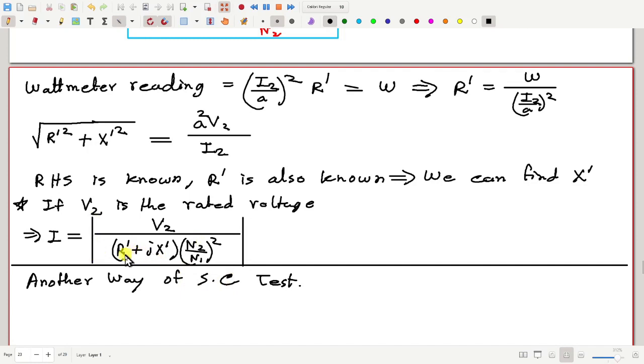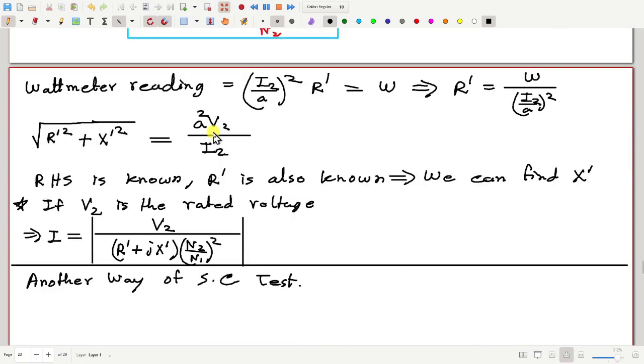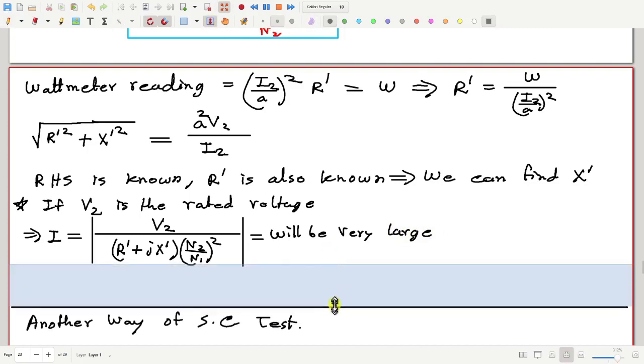Now here, if V2 is the rated voltage, the denominator R prime and X prime is a small quantity. For a good transformer, I told you that these impedances R prime and X prime should be small. Therefore this current will be very large, and this will exceed the rated current and it will cause mishaps.